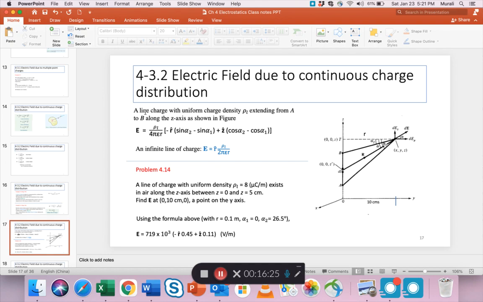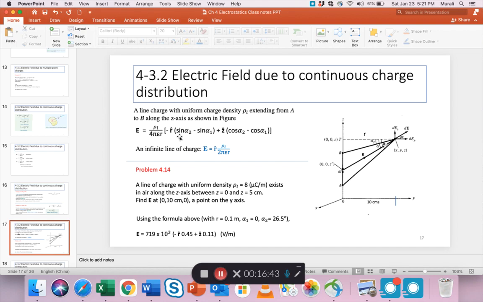It still depends on the same factors. Rho L is the charge density along the length. In the denominator, we have 4 pi epsilon r. We know what all those are.